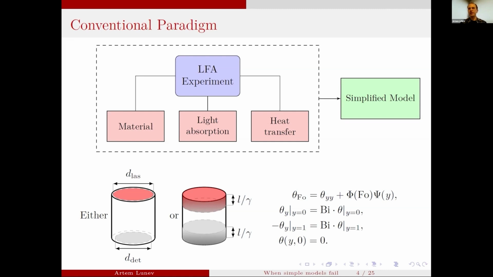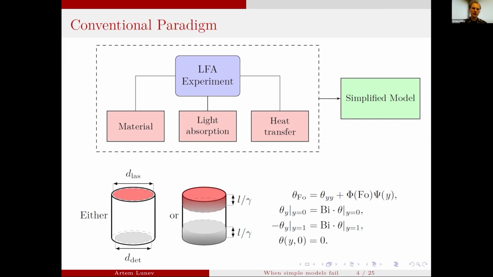It's a one-dimensional problem where you have a distributed light absorption reflected by an additional source term in the equation, and you also have heat losses due to radiation or convection at the rear and front surfaces.